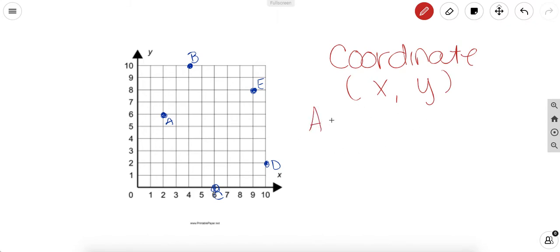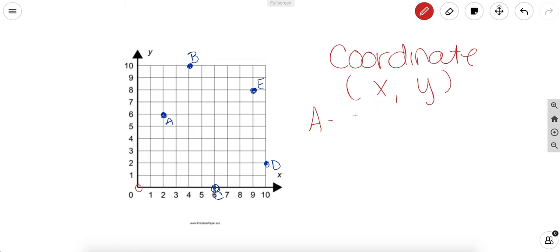For our A coordinate, we have to figure out how many times we had to move over X and how many times we had to move up for Y. So remember, we can either use the counting method, 1, 2, or we can just see where it touched our X line, right? This is my X line for 1, this is my X line for 2, this is my X line for 3, and so on. So we notice that A is 2 over from my 0 line.